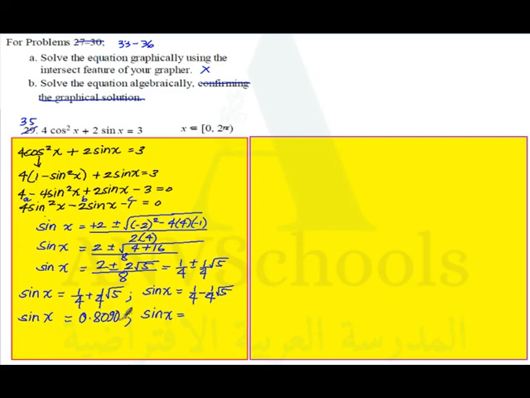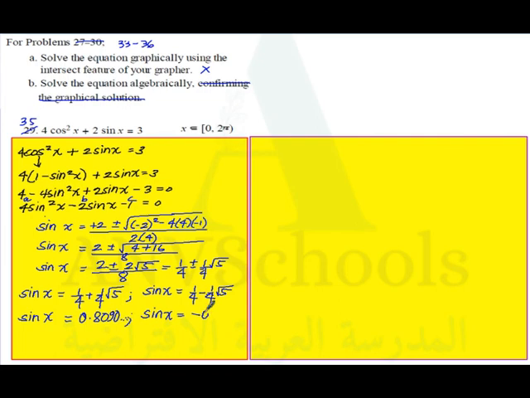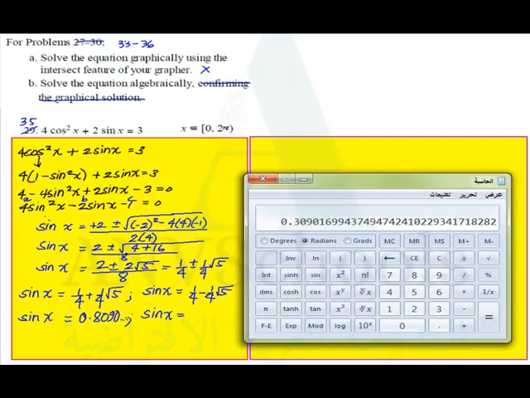And when we subtract, that would be square root of 5 divided by 4 minus 0.25, that would be negative 0.3090.